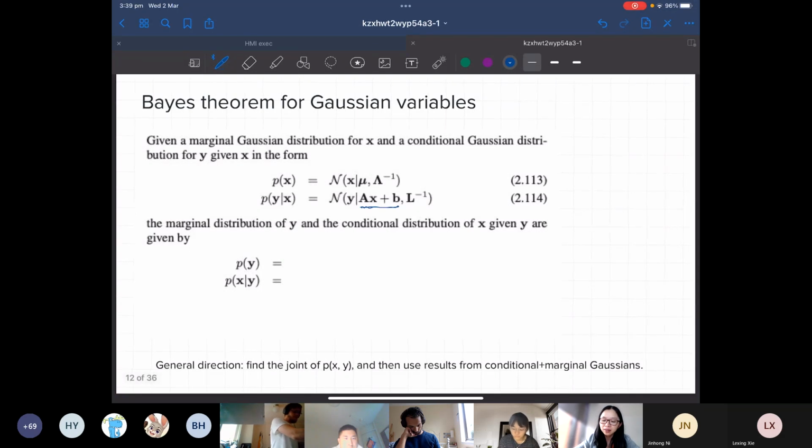And there is a separate precision parameter, L. This reminds us that in the curve fitting and in the past few lectures, we have P of T given Y of X and W, and there's a precision parameter beta inverse. So this L is the vector version of beta inverse.